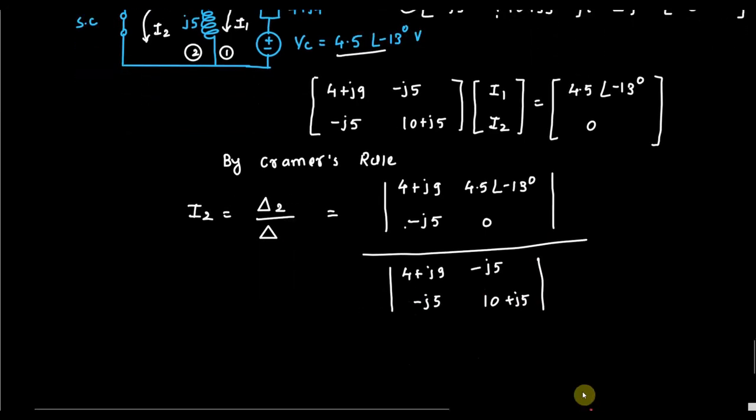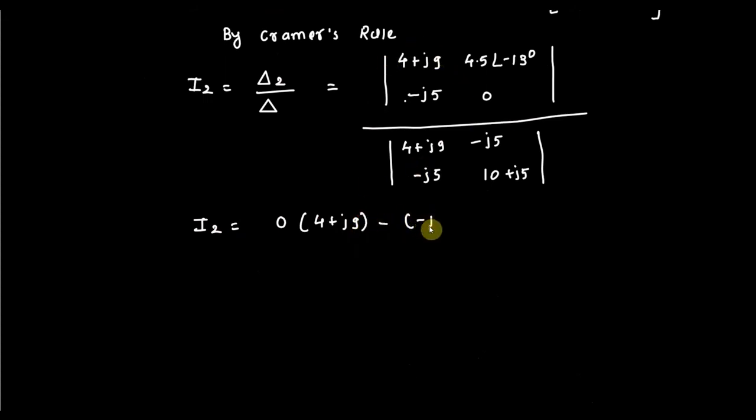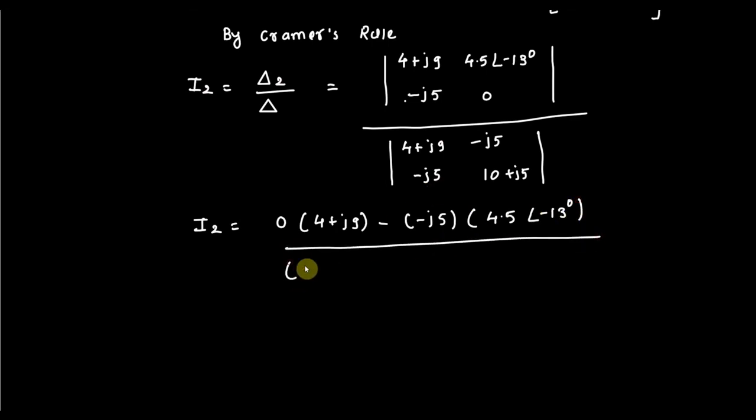Fine. Now solve this. When you solve this, you will get I2 equal to, so this is 0, 4 plus J9. Just cross multiply first, then minus of minus J5 times 4.5 at an angle minus 13 degrees, divided by 4 plus J9 times 10 plus J5 minus minus J5 times minus J5.